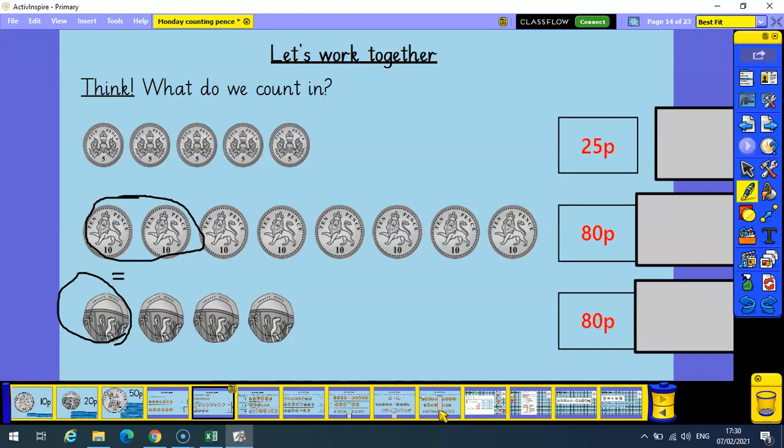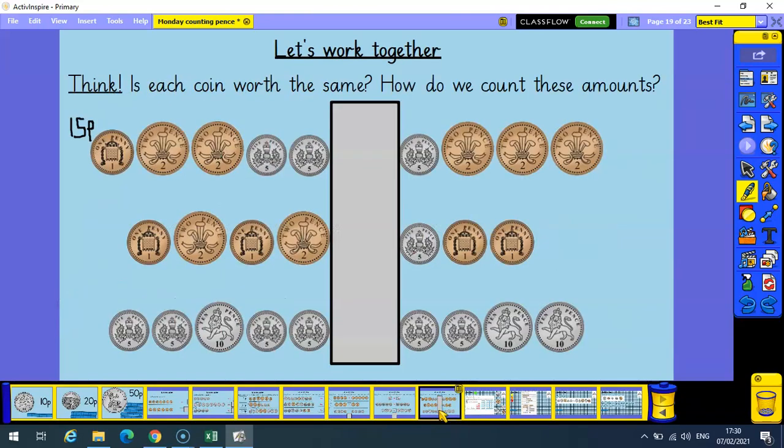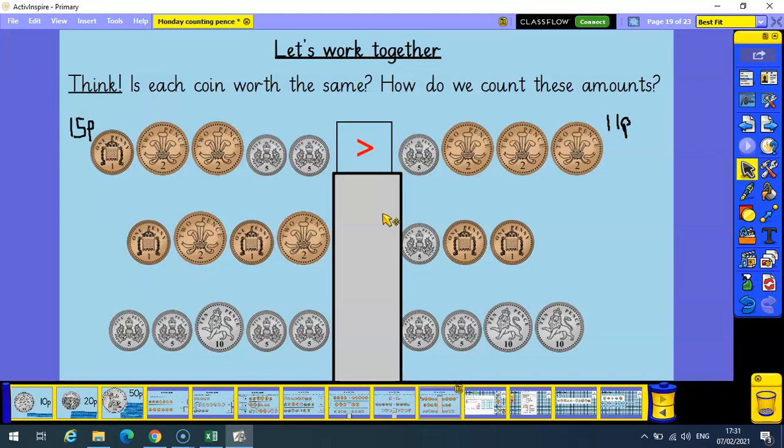So we can't just count the coins, we have to count what they're worth. So I've got 15p on this side, and here I've got 5, 6, 7, 8, 9, 10, 11. 11p.